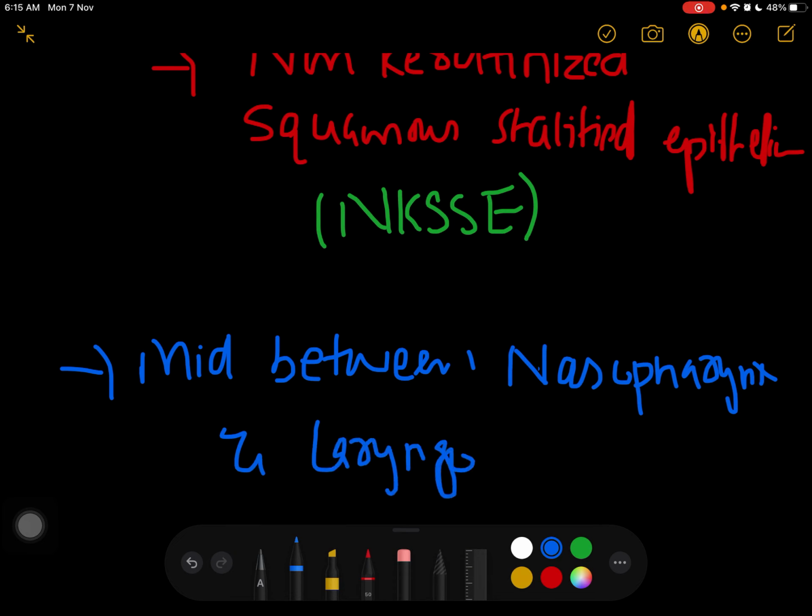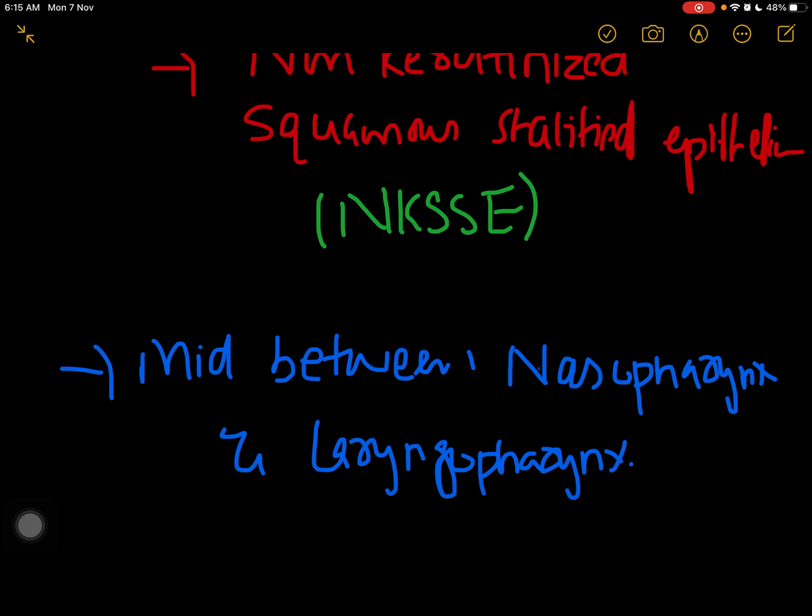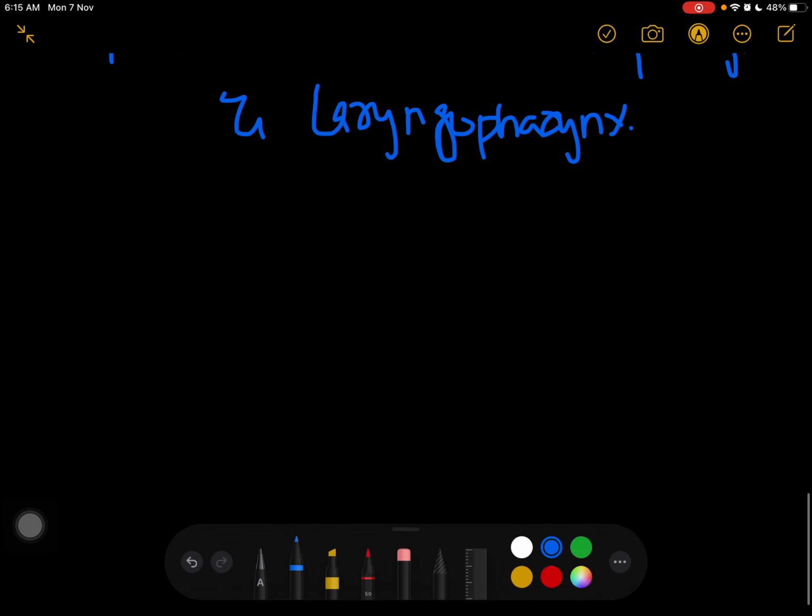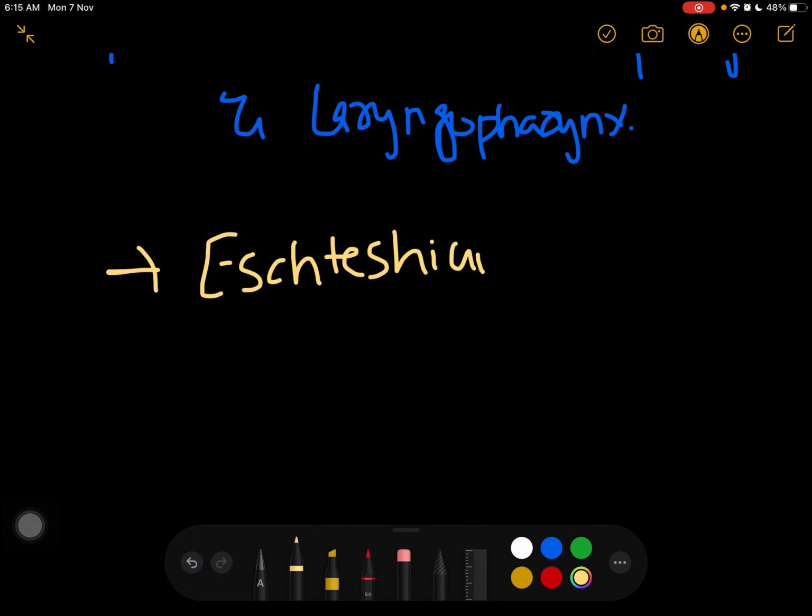Laryngopharynx is the third type of the pharynx. And in the oropharynx, the eustachian tube opens. What is eustachian tube?